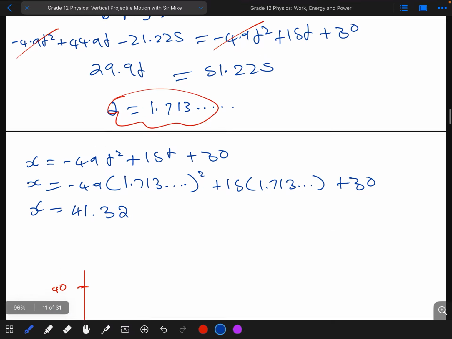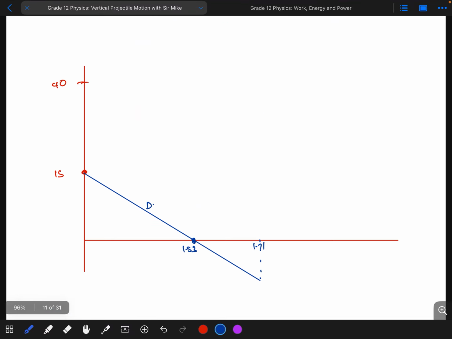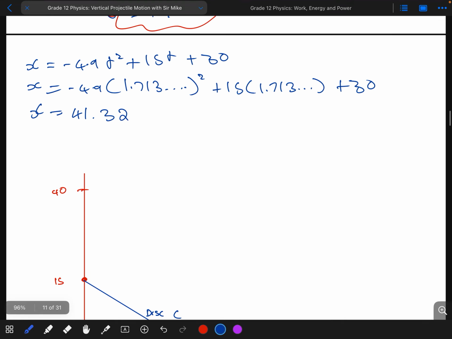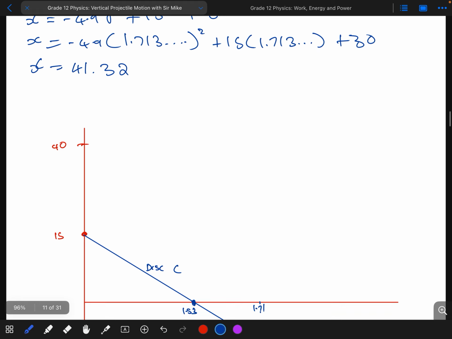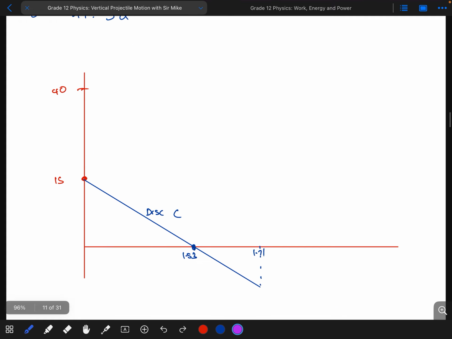So that is for disk C. For object B, it started with a positive velocity. But remember that object B would not actually start at that point. Why?